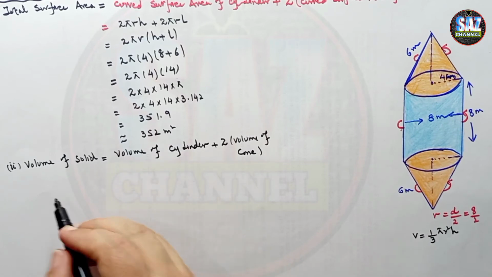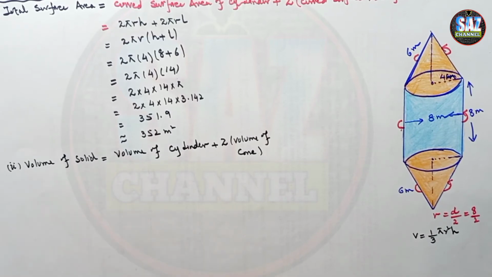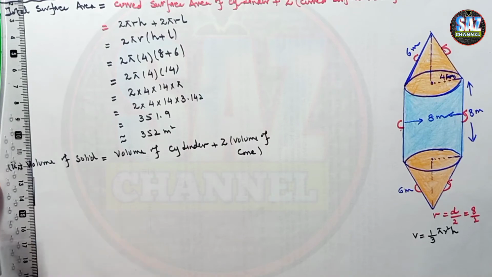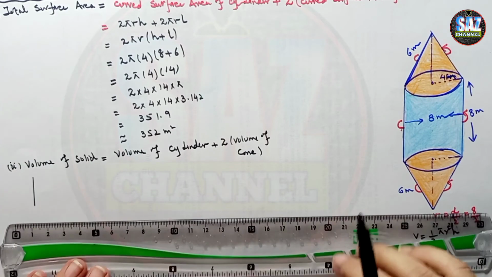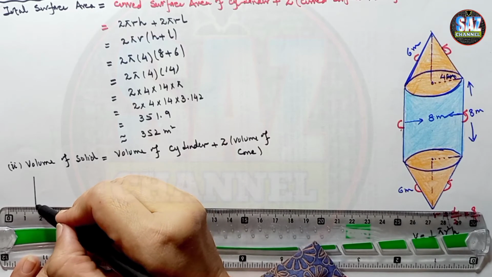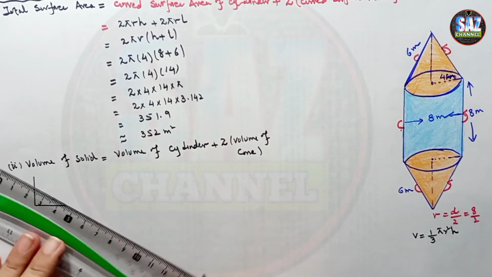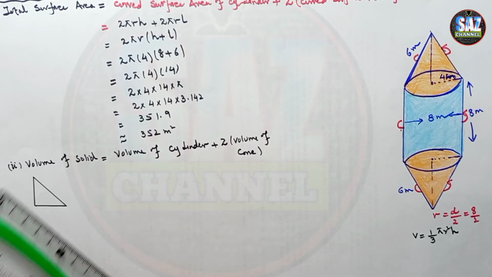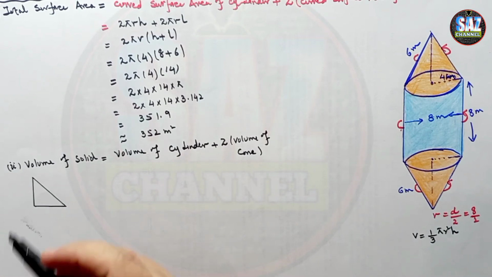So height of cone, let me make the diagram so that my students can understand the working properly. That I will be taking the triangle, okay, in which the height is unknown. Slant height of the cone is 6, and I hope my students are clear that slant height will become the hypotenuse.